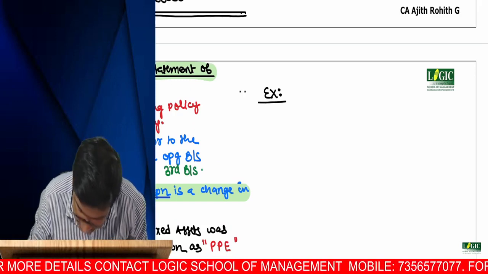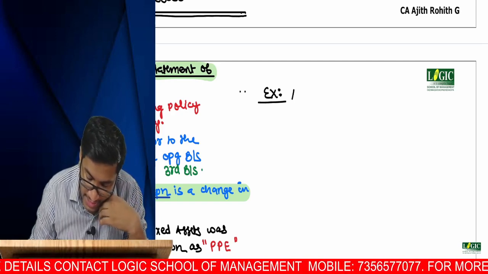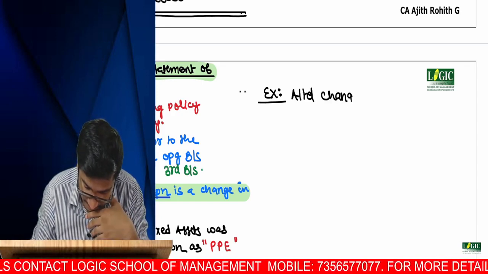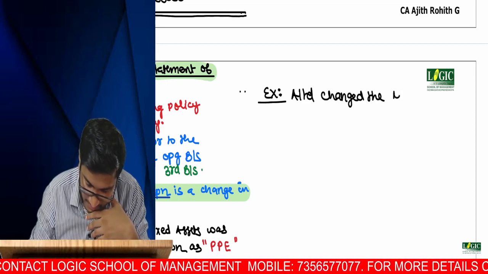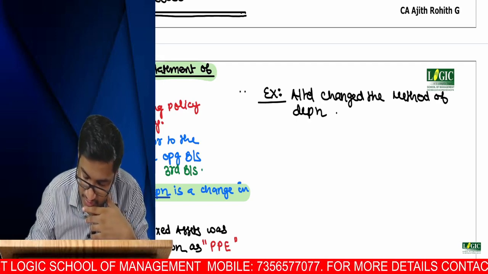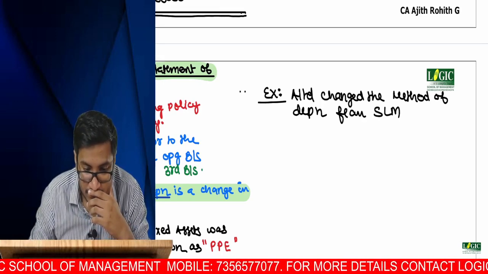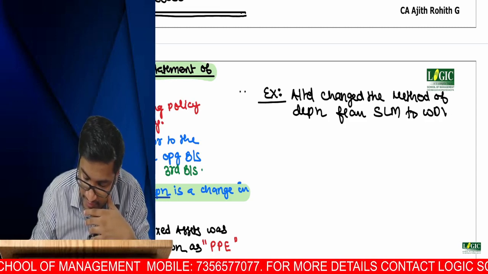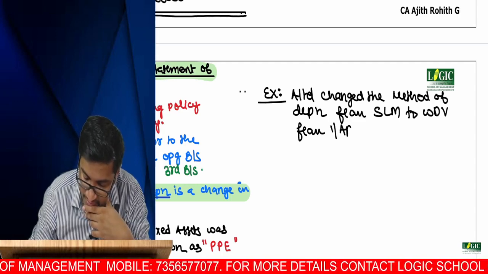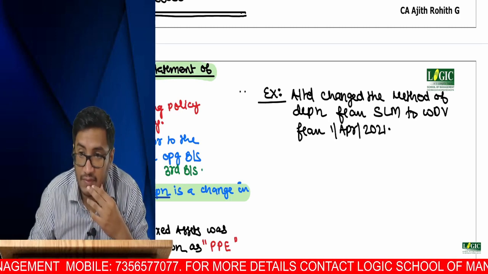So example, A Limited changed the method of depreciation from SLM to WDV from 1st April 2021. Clear?